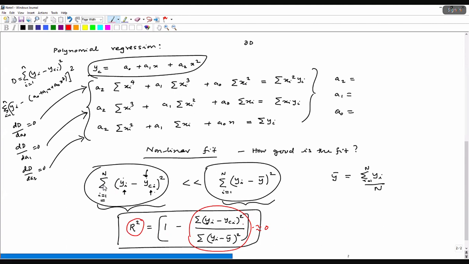So when the data with respect to the regression curve becomes much smaller, square of that becomes much smaller than the scatter of the data, which is the mean, then this value becomes 0. So R square becomes equal to 1, and in that case we can say it is a good fit.